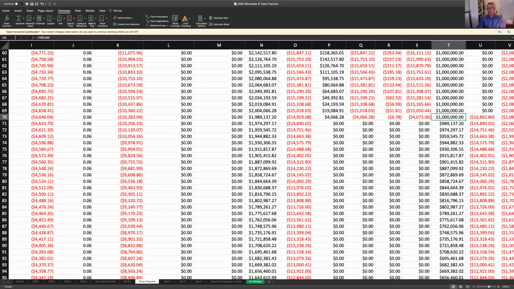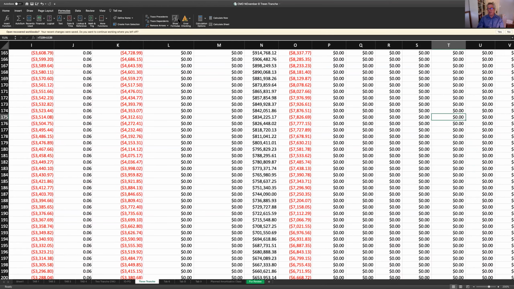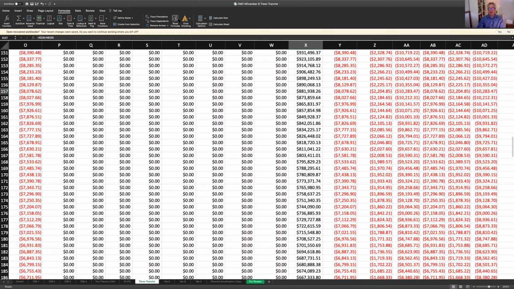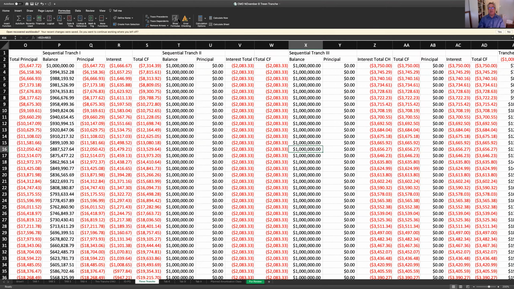And this second tranche's balance starts getting reduced until it gets down to 0. And at that point, the third guy's balance, which was $1 million, of course, starts again going down. Same sort of idea.